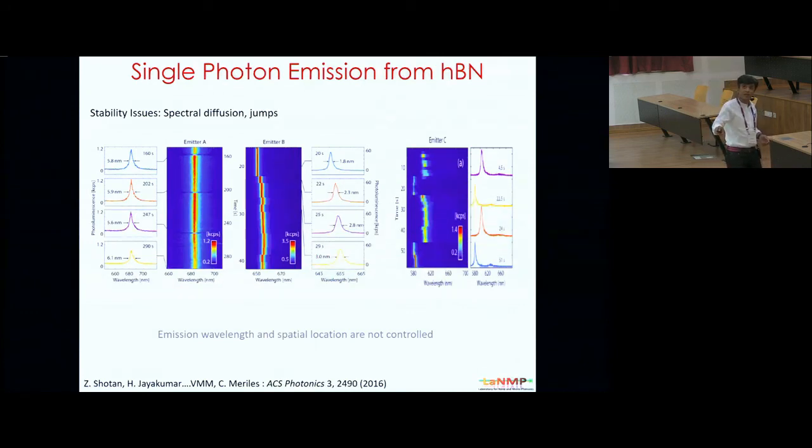This is over a time scale of about 280 seconds, whereas in this case, they start showing some jumps, and in some scenarios, you actually go between multiple jumps. In my opinion, this is a real problem. If you really want to do this properly, then we have to first control the wavelength, be able to control some of the spectral diffusion, and also be able to possibly place it at the right place.